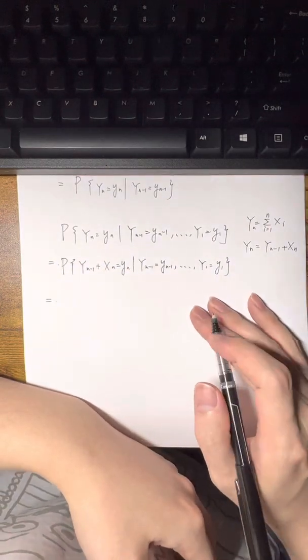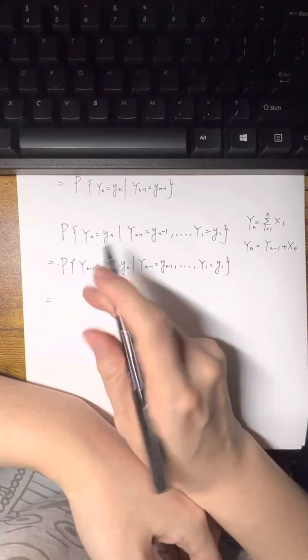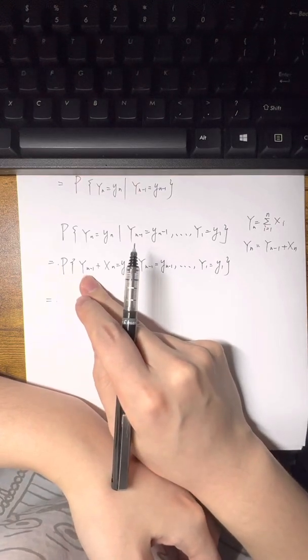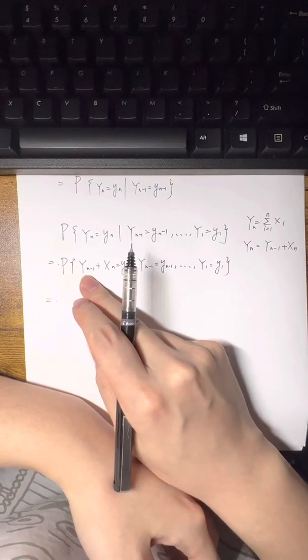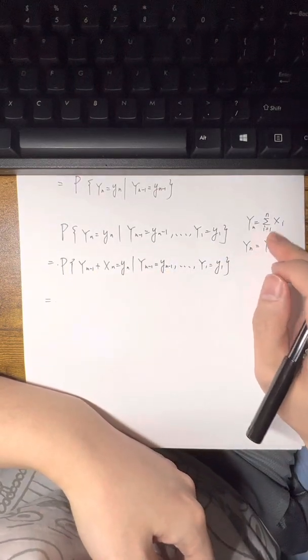Since yn minus 1 is fixed, it is equal to the sum of xi, where i is from 1 to n minus 1.